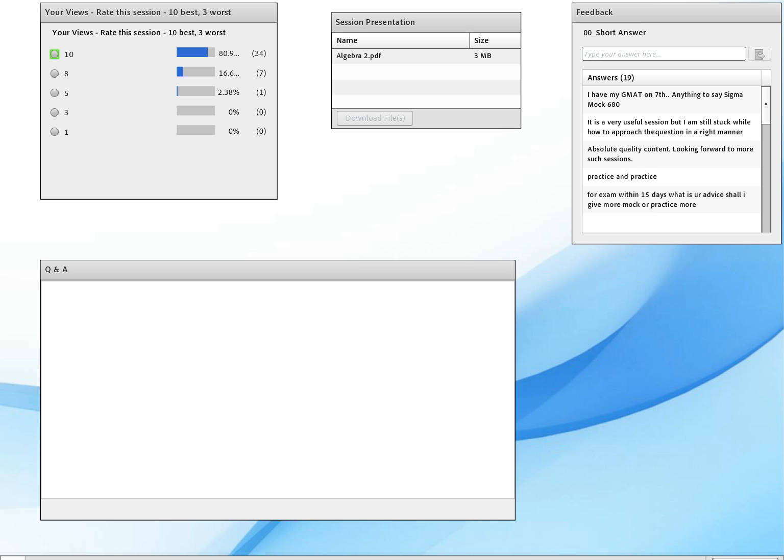So what I told him was that you need to take up your strength area, because it's too late for you to cancel the test. So make sure that you get the maximum from this test, because you've already invested the money. I told him to focus more on his strengths.